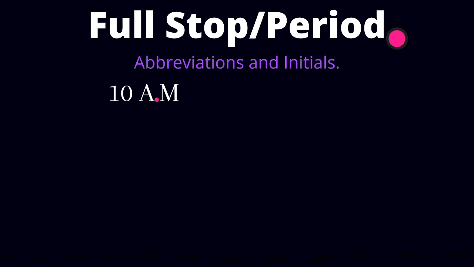So, instead of writing ante meridiem, we write the short form AM, both separated by a dot. In the same way, we write 10 o'clock, that is 10 of the clock.